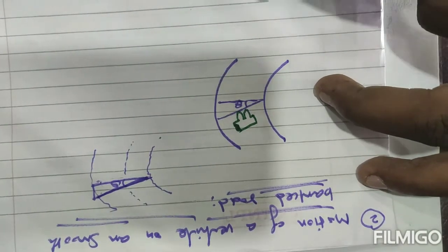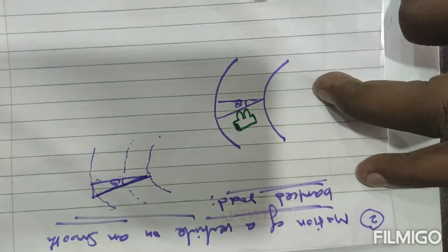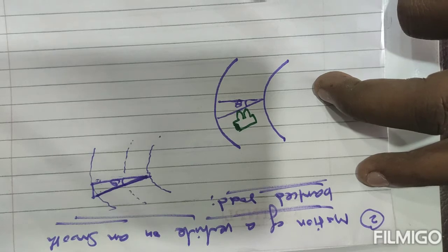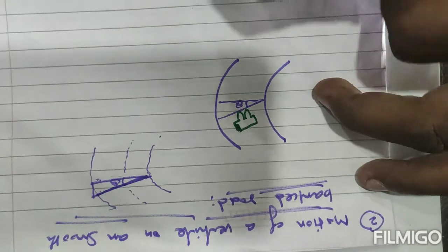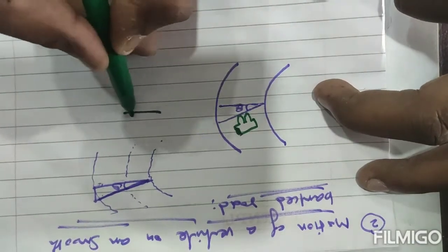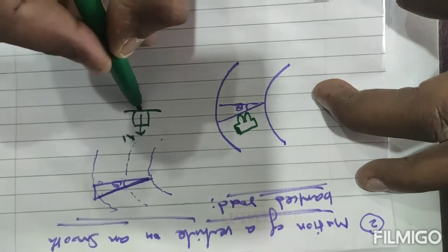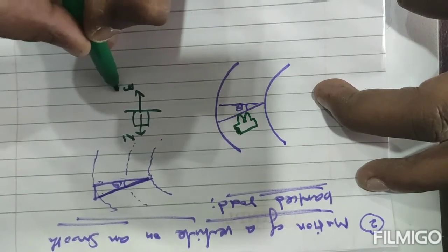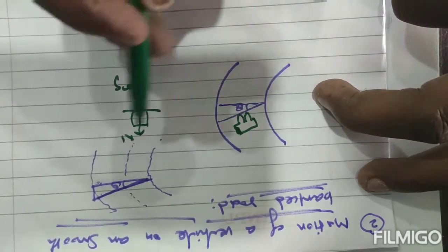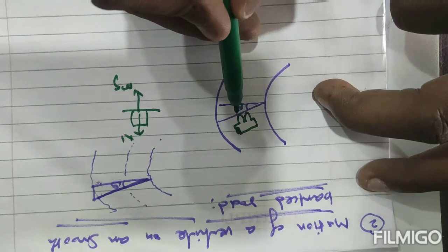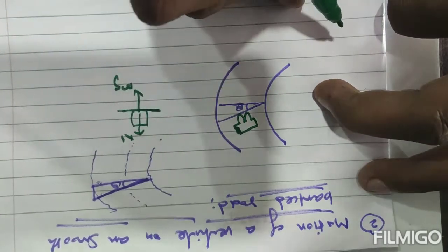So here I am not discussing the friction, I'll discuss only the angle. But anyhow, you know very well, here where is the normal? If it is a horizontal surface, the normal is here, then the weight of the body is exactly opposite, that is mg. It is a normal. It is an ordinary uncurved surface, but this is a curved surface. You know very well, the normal is always perpendicular to the plane.